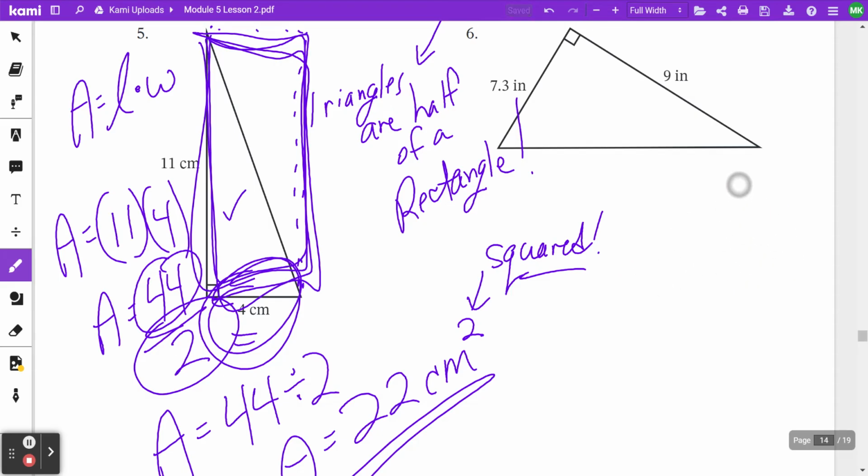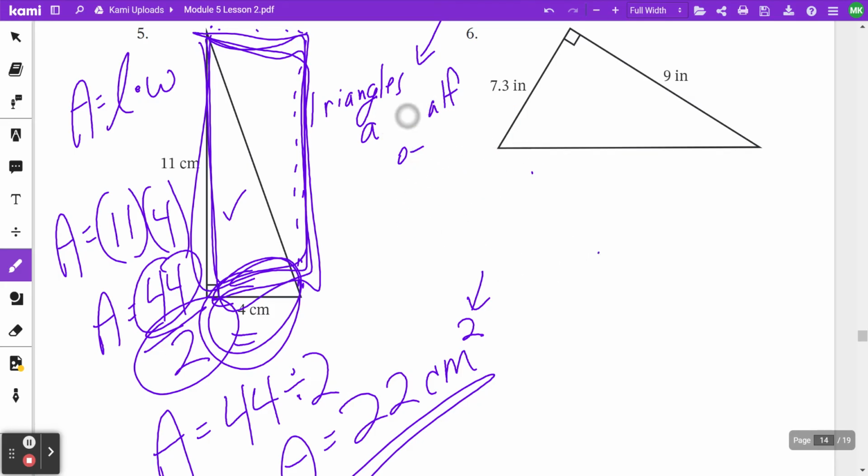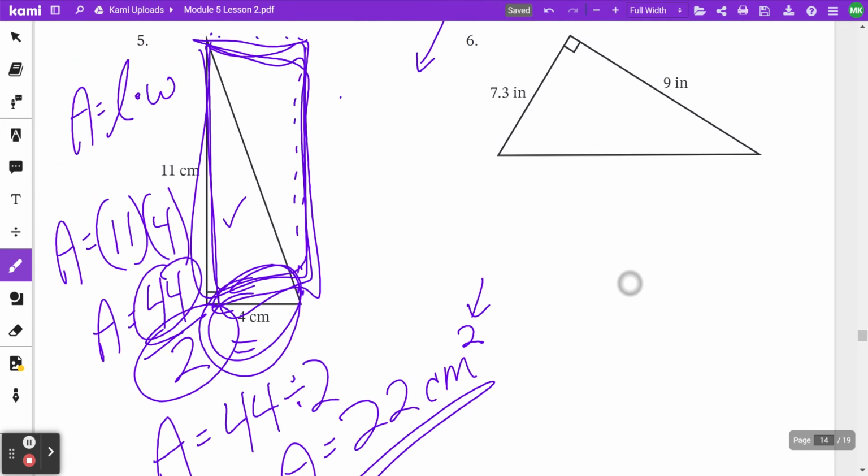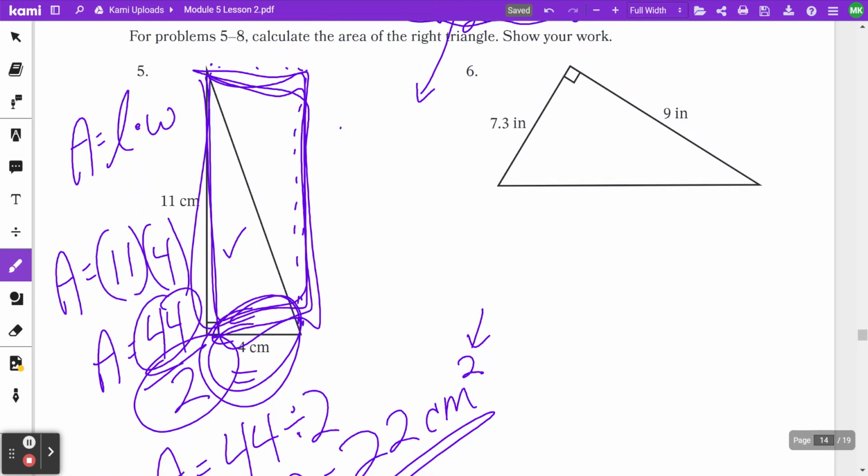So I'm running out of space here, so let me just delete some of this, and we'll work this next one. I think after that, anybody could be pretty good with this. Okay, so this guy's a little bit slanted, but so what? It doesn't matter. I have a right triangle. This is the corner of a rectangle.